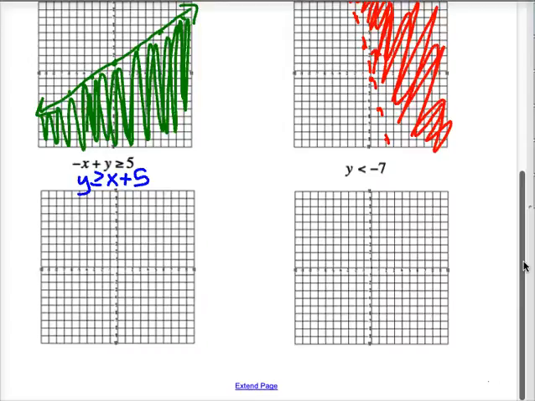Once I've added that x over, the y is by itself. Now I'm ready to graph this. I start with my y-intercept up at 5. So 1, 2, 3, 4, 5. I start right there, with a slope of 1.